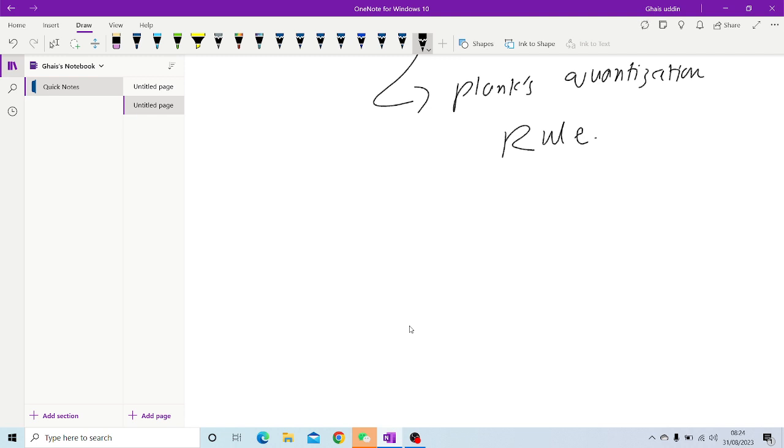So we have the Rayleigh-Jeans formula, which we already talked about: u of nu, T is equal to 8 pi nu squared divided by c cubed times kT. We have already derived this formula in the previous lecture.